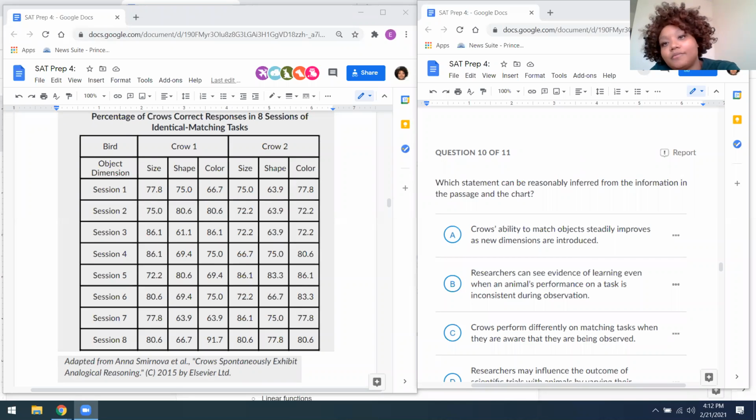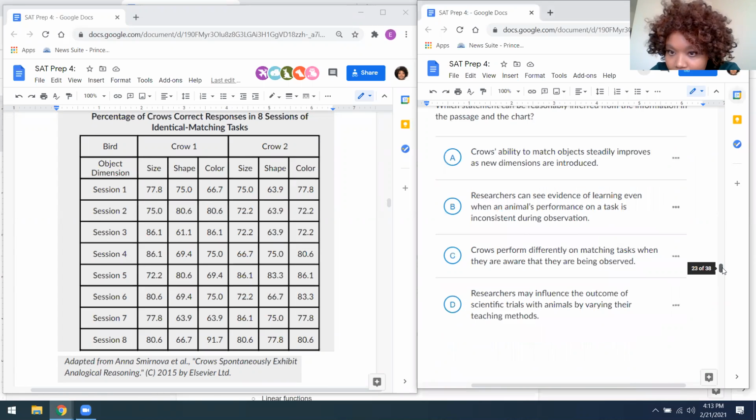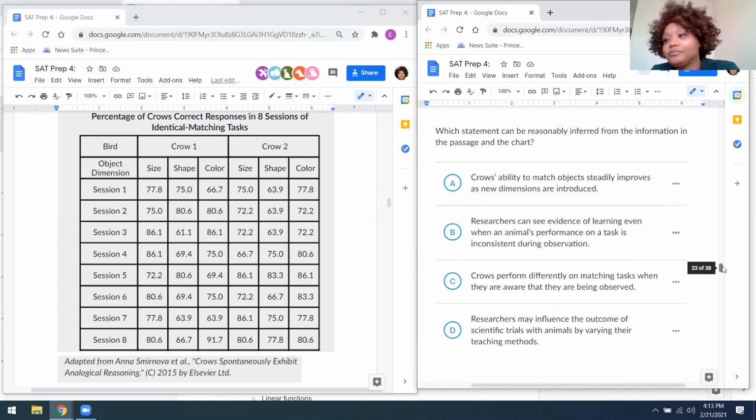I'll read the question. Which statement can be reasonably inferred from the information in the passage and the chart? Oh, let me scroll down a little bit so you can see everything. There we go.